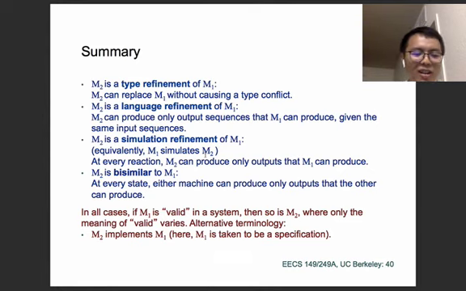Just start at the initial state, pair the next states and check if they match, until you find a situation where one machine does not follow or reach all the possible behaviors of the other. It's a very easy way to check if two state machines are bisimilar, but it's hard to tell in real life if they are type equivalent or language equivalent.